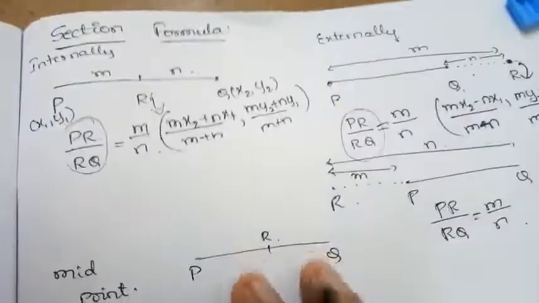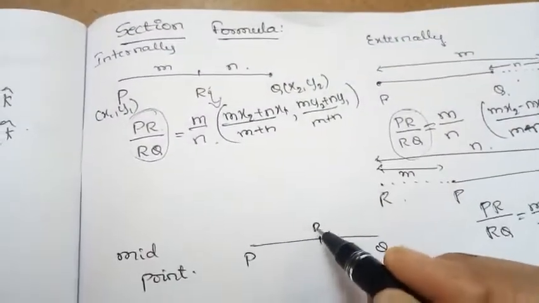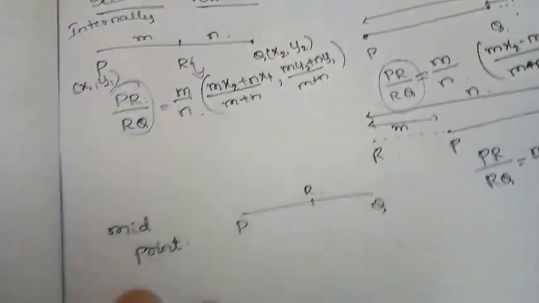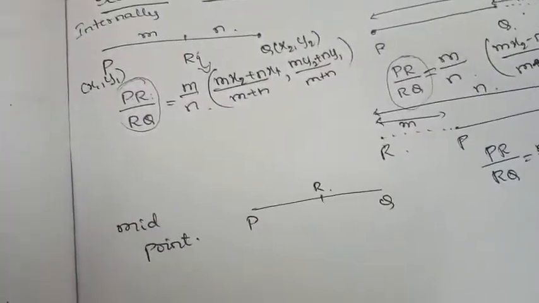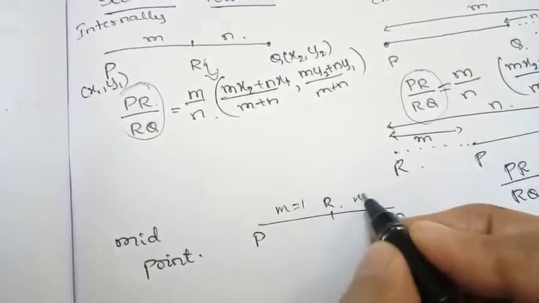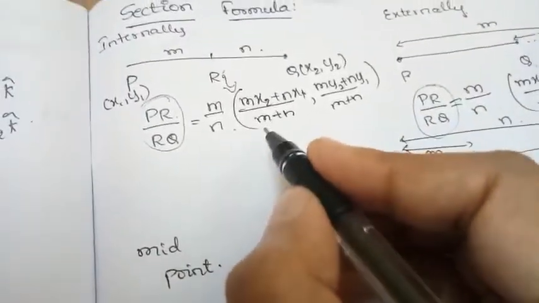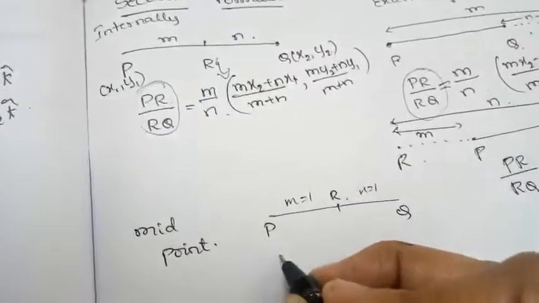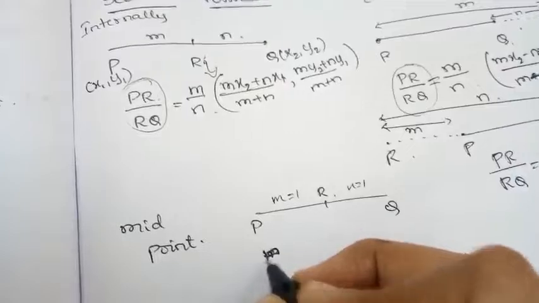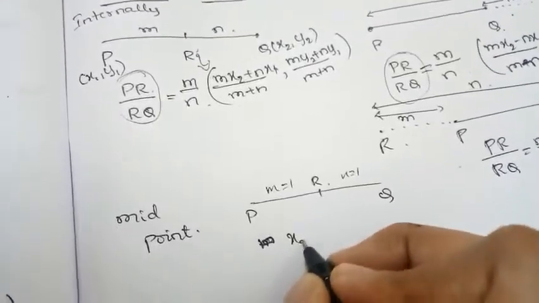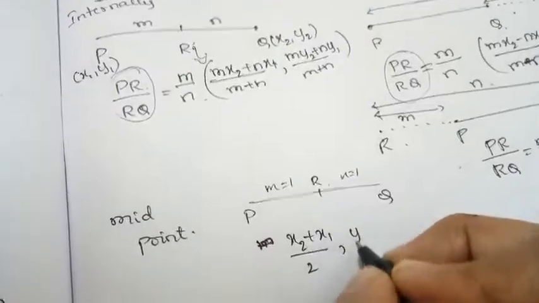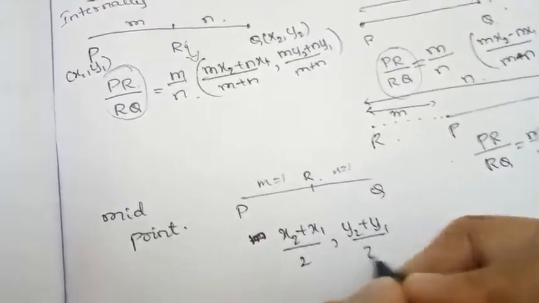In that, one special case comes when R divides PQ such that it will be the midpoint of PQ. Then the ratio m and n will be equal to 1. So what does this formula become? When the values of m and n are equal to 1, the coordinate becomes (x2 + x1) divided by 2 and (y2 + y1) divided by 2.